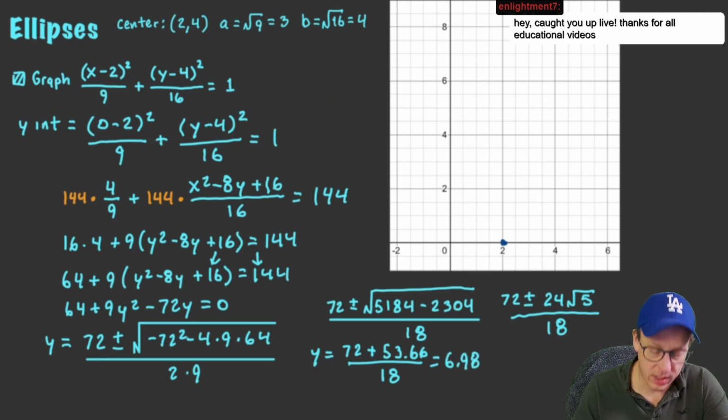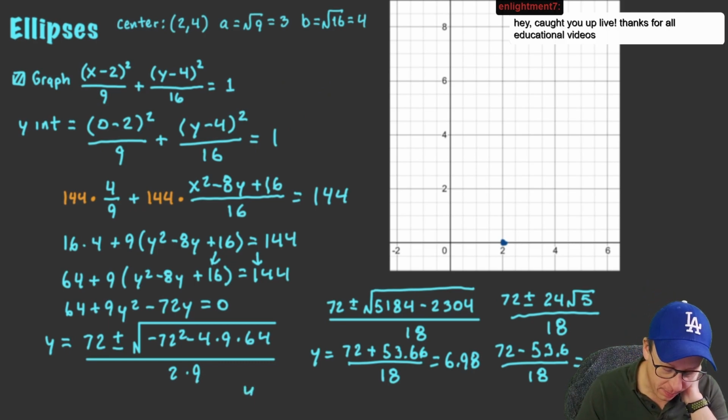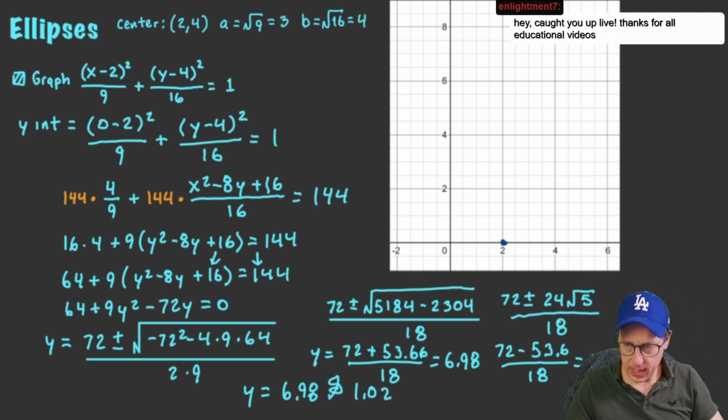And if we use the negative version, it's 72 minus approximately 53.6, divided by 18, which is approximately 1.02. So the y-intercepts are going to be at 6.98 and also 1.02.